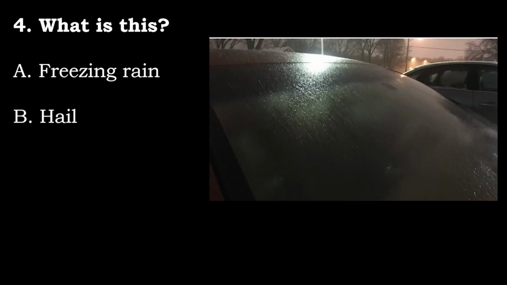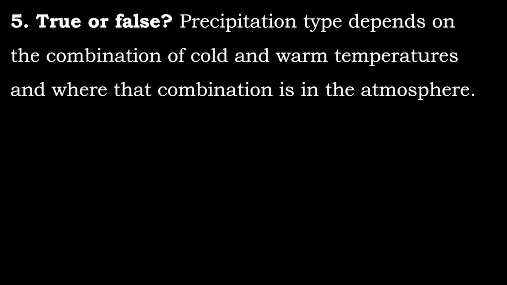Number four, what is this? A, freezing rain. B, hail. Or C, snow. The answer is A, freezing rain. Number five, true or false? Precipitation type depends on the combination of cold and warm temperatures and where that combination is in the atmosphere.